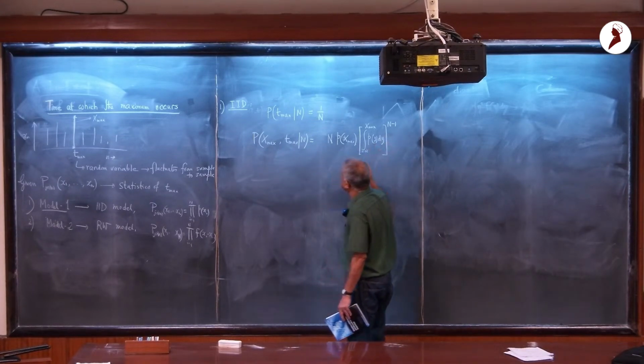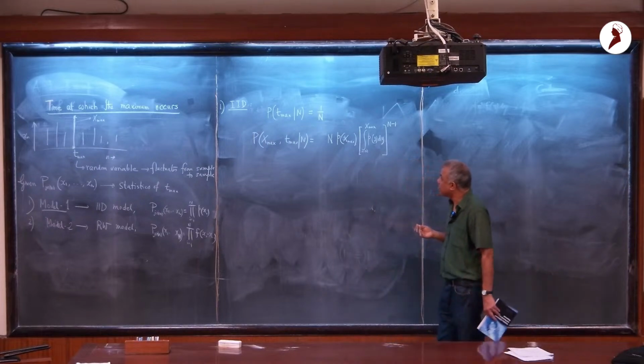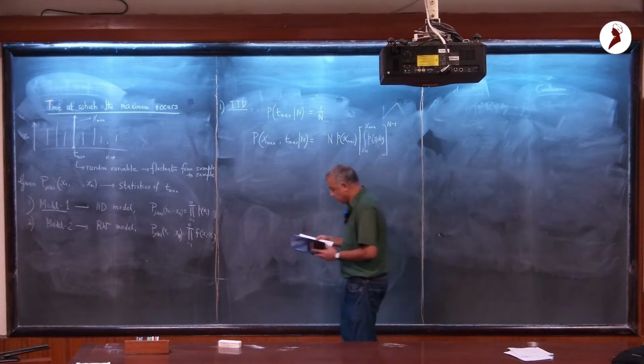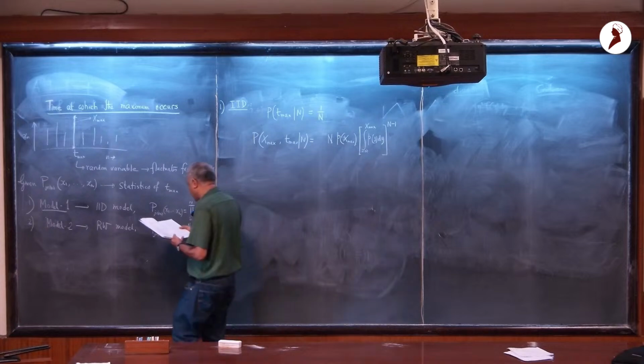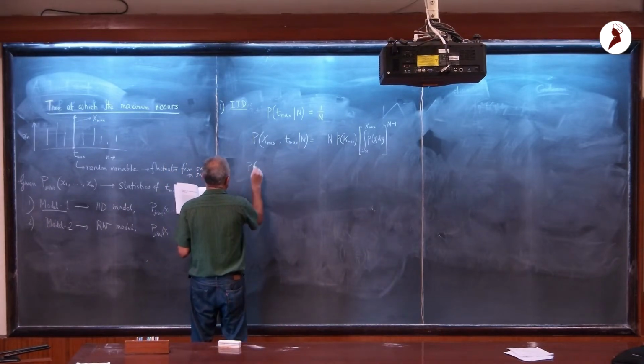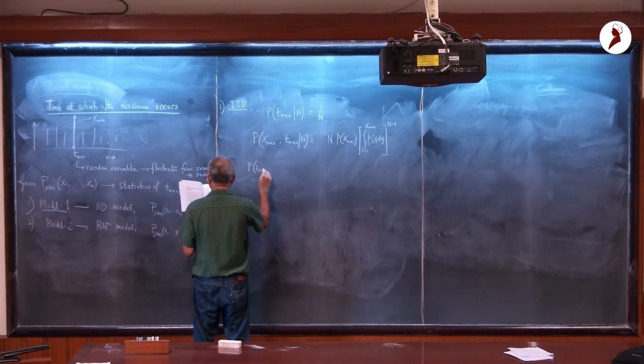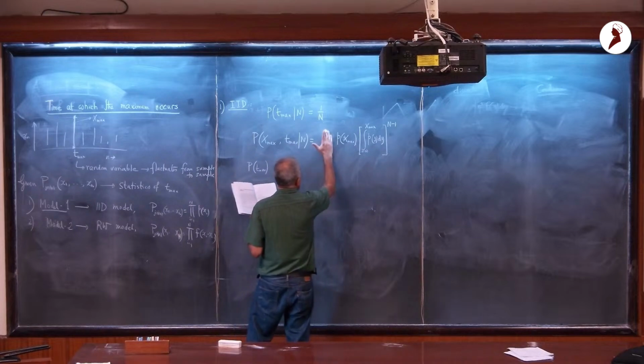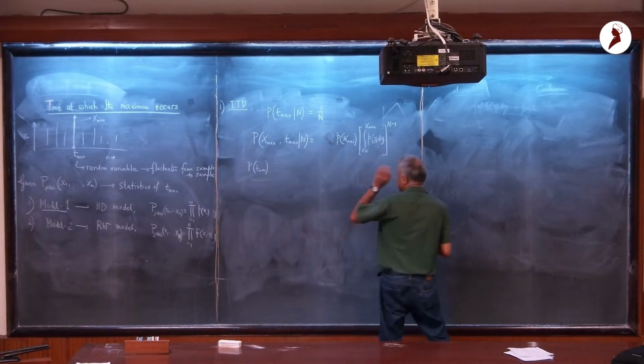Because it can be any one of them. So therefore, P of T max, this n is not there, sorry. This is because I'm fixing the x max.